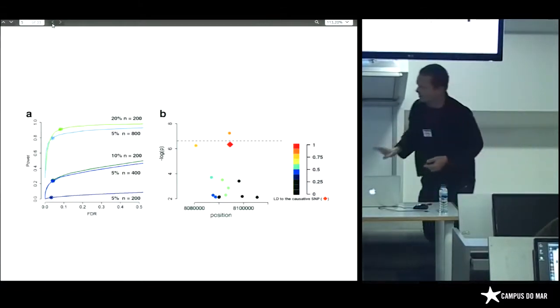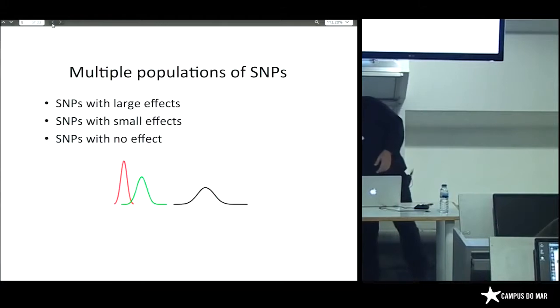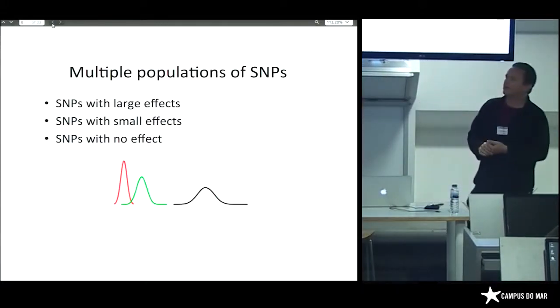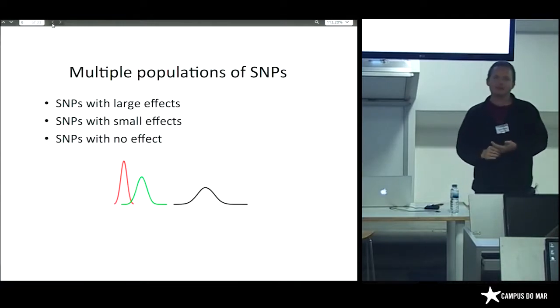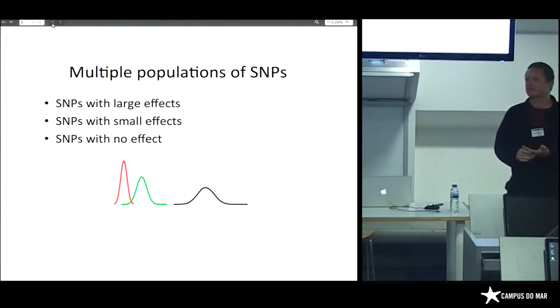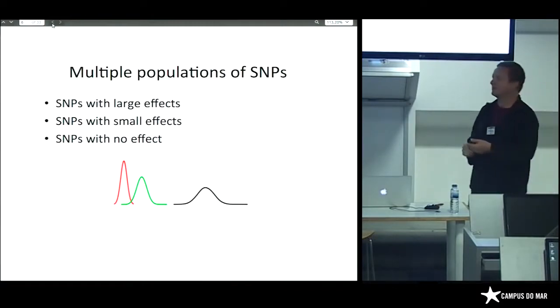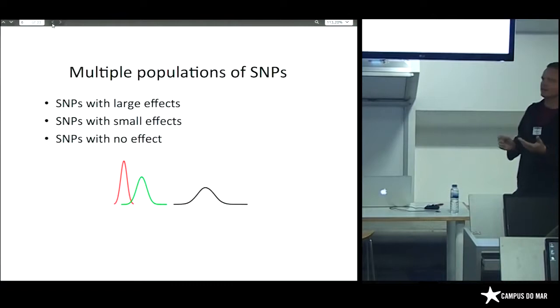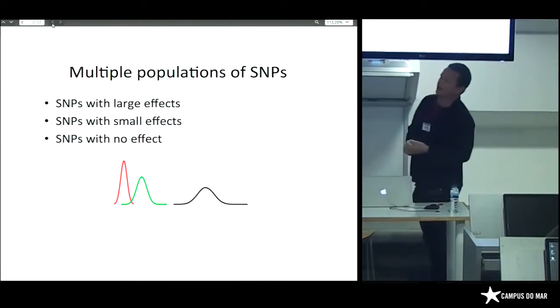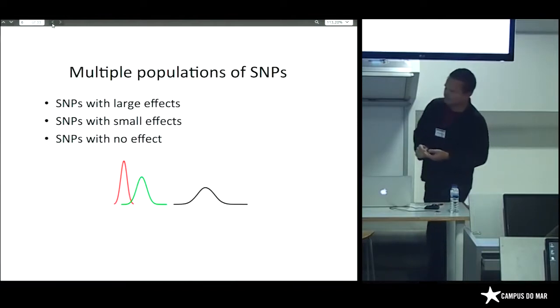I'm actually going to ignore that other side of this panel. Okay, so within any population of genotype markers, we have actually several populations of SNPs. We're going to have a whole bunch of SNPs that actually have no association to the phenotype. We're going to have some SNPs that have small effects on the phenotype. We're going to have another population of SNPs that have large effects.